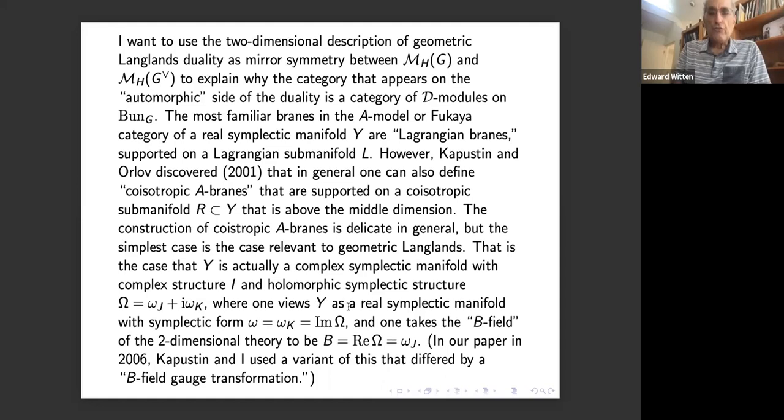We view Y as a real symplectic manifold with the symplectic form omega k in the hyperkähler case. And we also take the B field of the two-dimensional theory to be omega j, real omega. Kapustin and I use a slightly different description that differs by a B field gauge transformation.